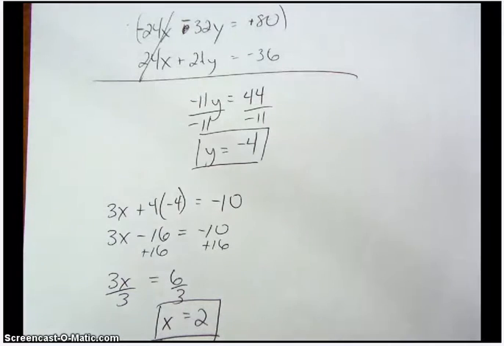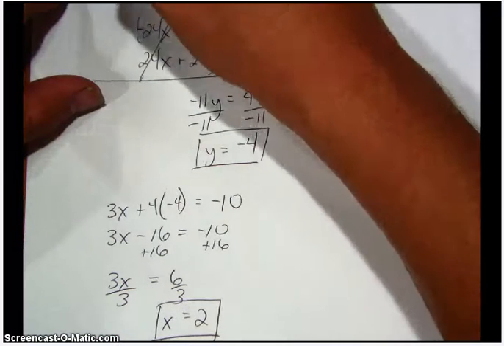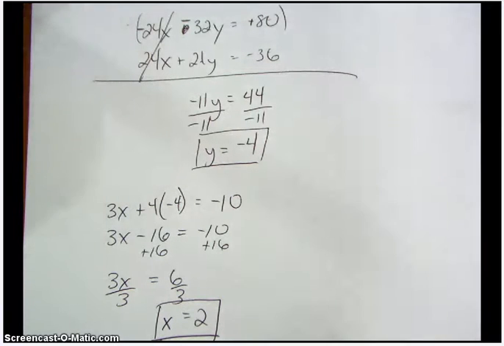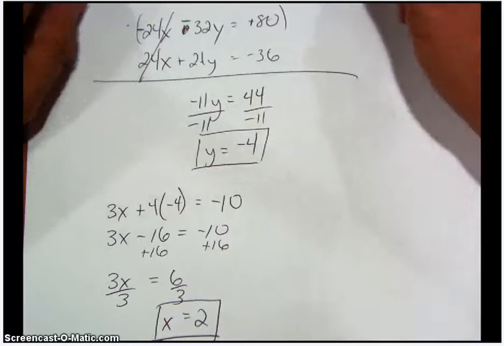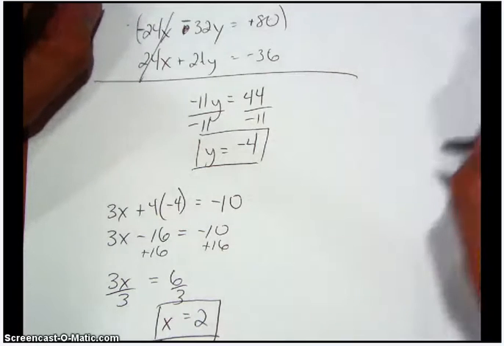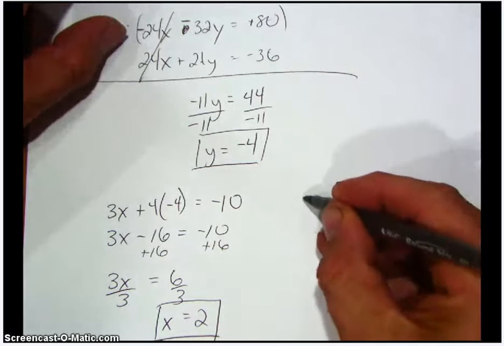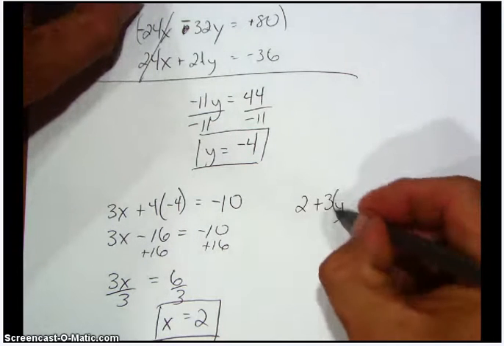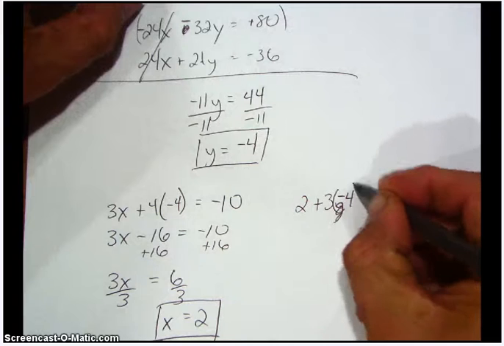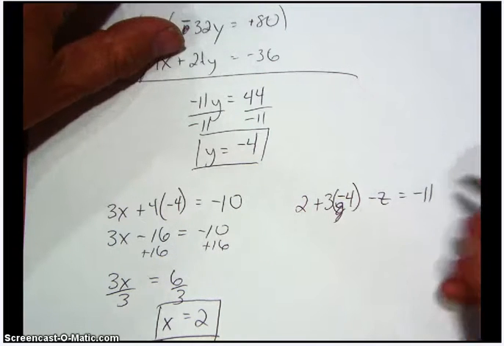Now, to find the last variable, we go back to the original three equations. Let's use the first one, because I just feel like it. I'm going to plug 2 in for x, plus 3y, where y is negative 4, minus z, which is what we're looking for, equals negative 11.